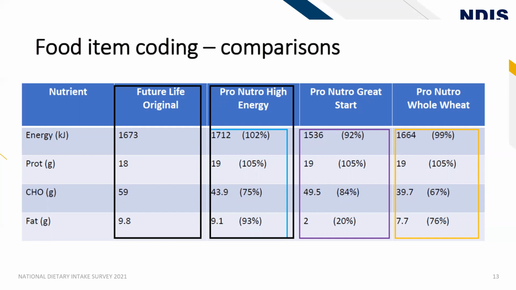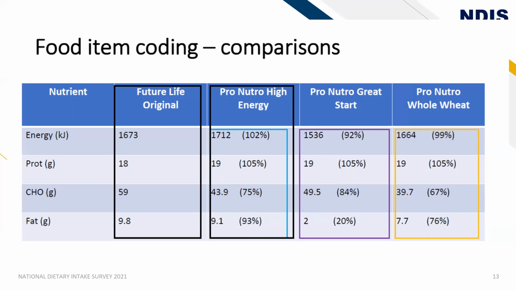And as you can see, the ProNutro High Energy, if you look at energy, it's 102% compared to what the Future Life original is. ProNutro Great Start is 92, and ProNutro Whole Wheat is 99.